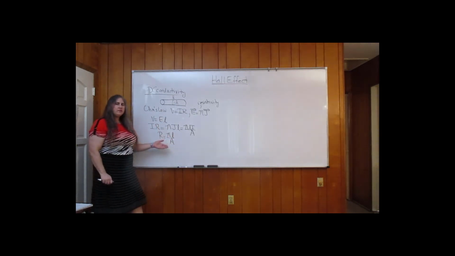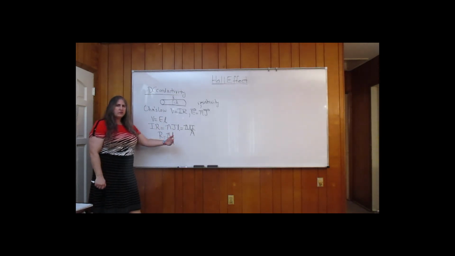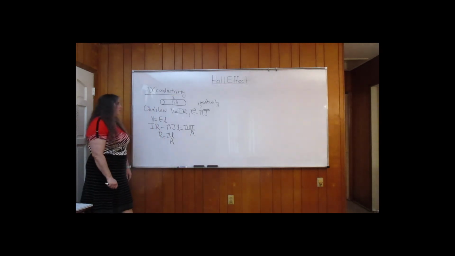So the resistance depends not only on the substance of which the wire is made, but it also depends on the geometry. The longer the piece of the wire, the greater the resistance, and conversely, the greater the cross-sectional area, the smaller the resistance. Okay?